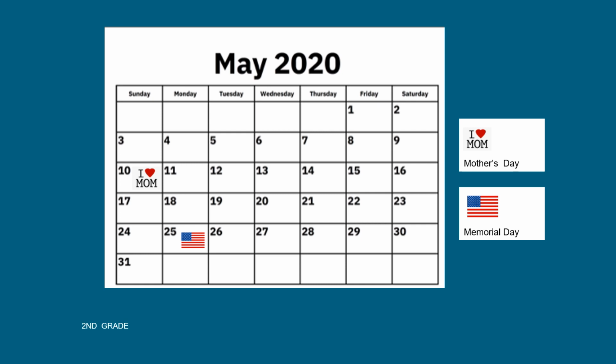What day of the week do we celebrate Mother's Day? We celebrated Mother's Day on a Sunday. If today is May 12th, how many days ago was Mother's Day? Mother's Day was 2 days ago.